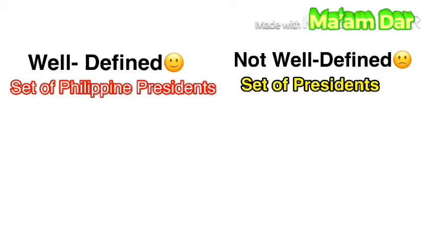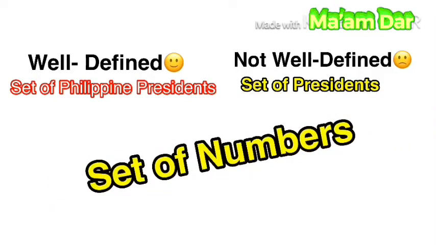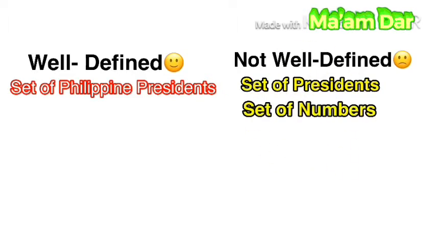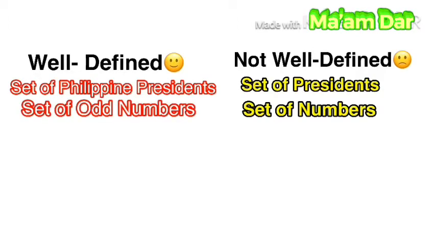Another, the set of numbers. Is it well-defined or not well-defined? Yes, it's not well-defined because unsa man nga number ang pasabot. Dili siya specific. Pero kung mayon kag the set of odd numbers, then that is well-defined. Kabalo ta mga kinsa mga member ana, mga odd nga numbers. Specific siya.